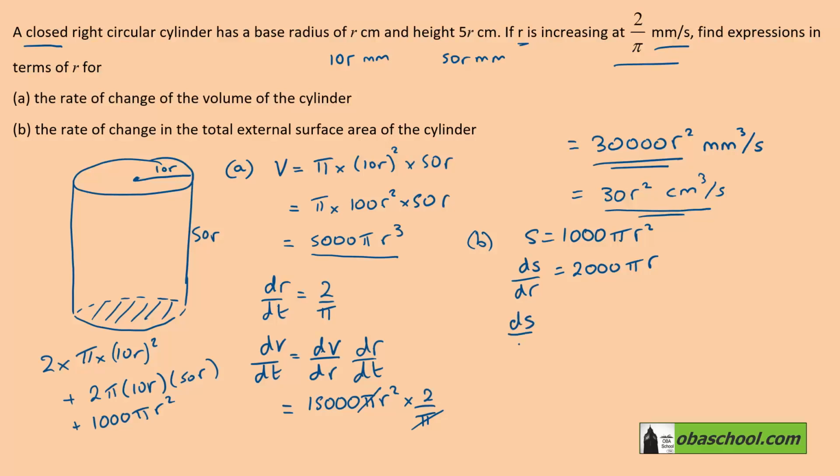So dS dt is going to be dS dr times dr dt, which is our 2,000 pi r, times 2 over pi. Pi's are going to cancel, and then that's 4,000 r squared millimeters per second.